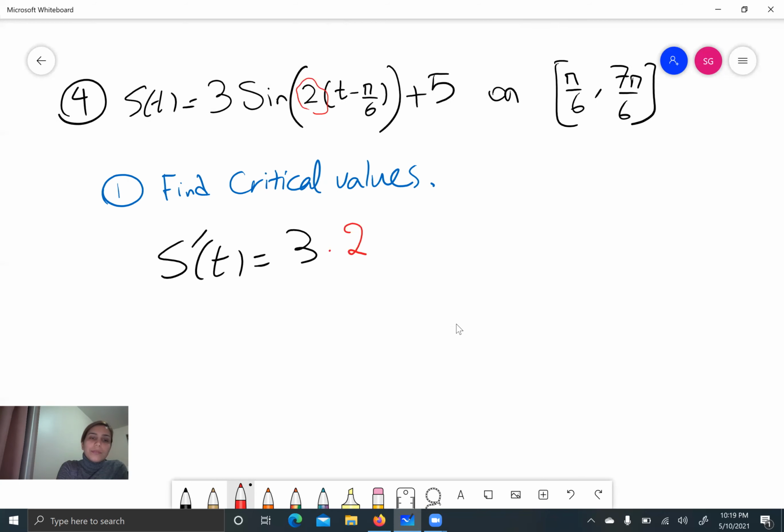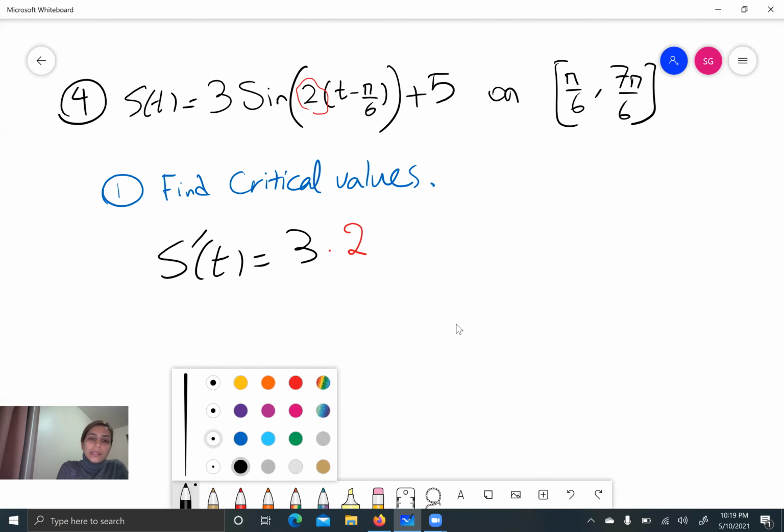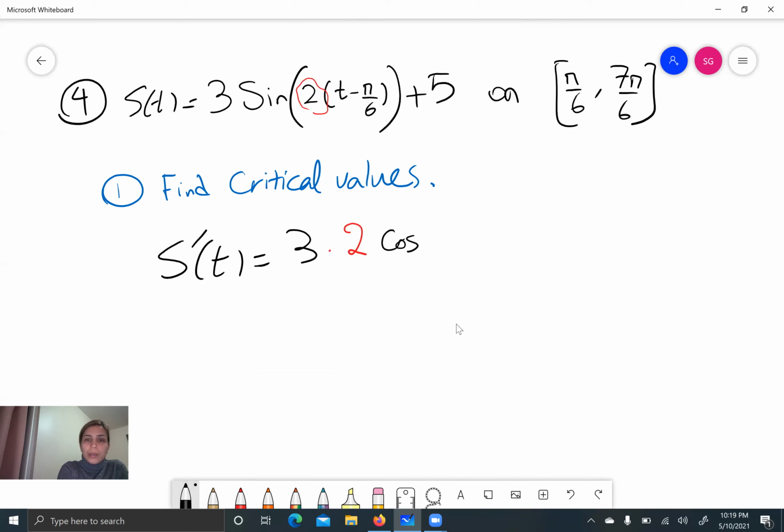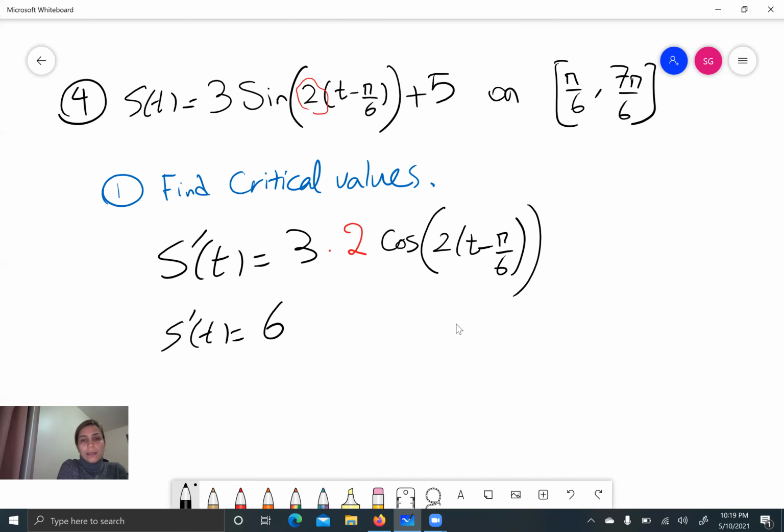Now the outside function is sine, and the derivative of sine is cosine of the same input. The derivative of 5 is 0. So the derivative is 6 times cosine of the same angle.